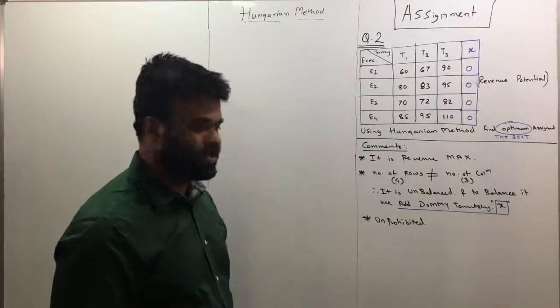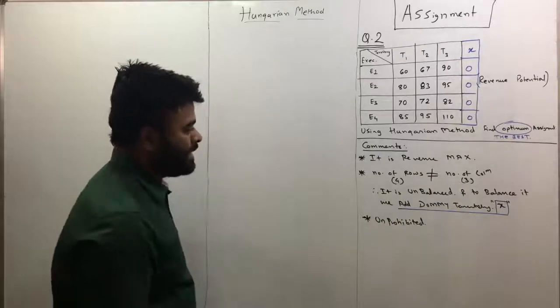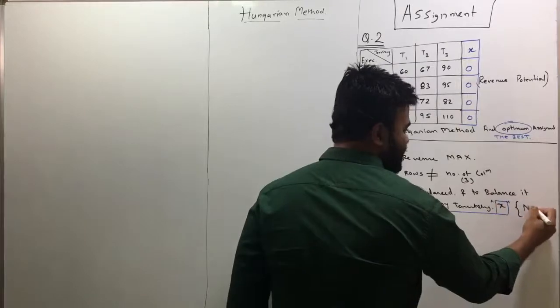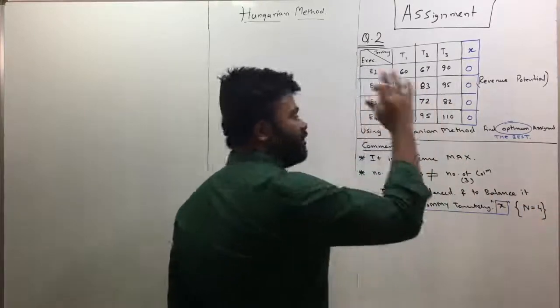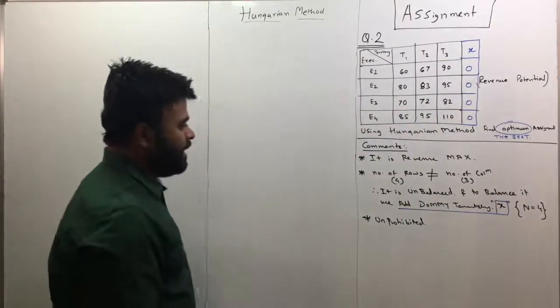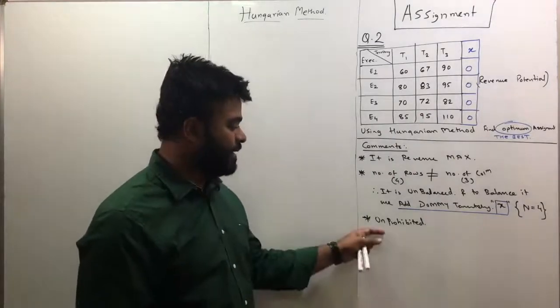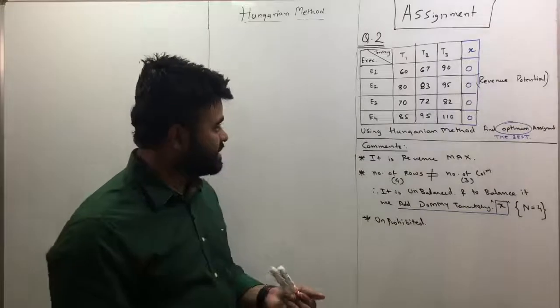That's good. Now that we have added one column, we can also say the size of the table is 4, because there are 4 rows and 4 columns. After having said all of that, now let's start solving this question.